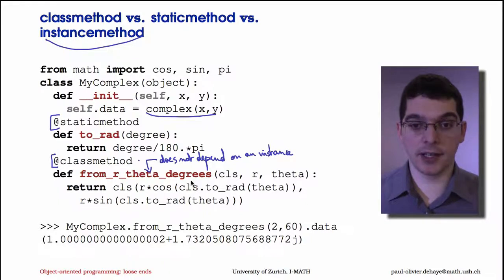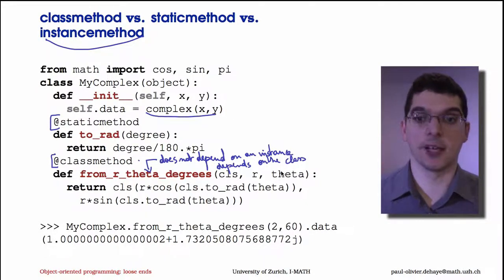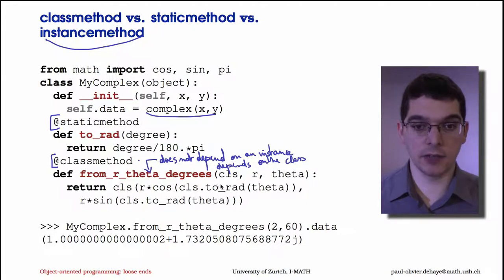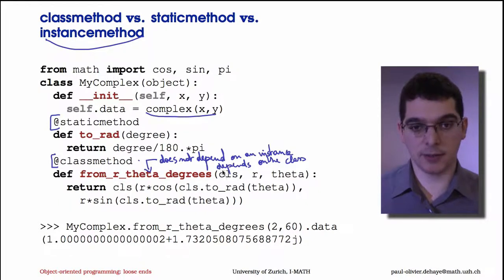So this does not depend on an instance, but it depends on the class itself. Why? Well, we want to call the constructor of the class to be able to construct a new object of type my complex. So we need to have class as an argument so we can do something with it. Okay, so this is what a class method is. If you want, it's a bound method where what you're substituting is not an instance, but the class itself.